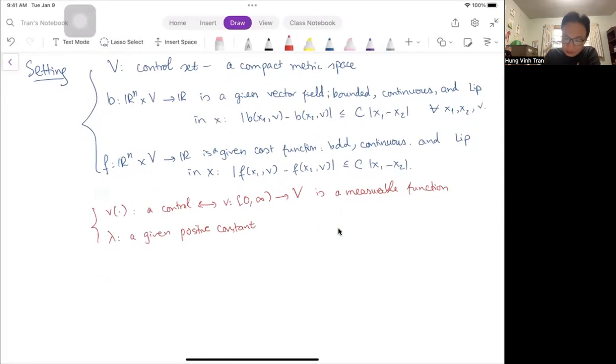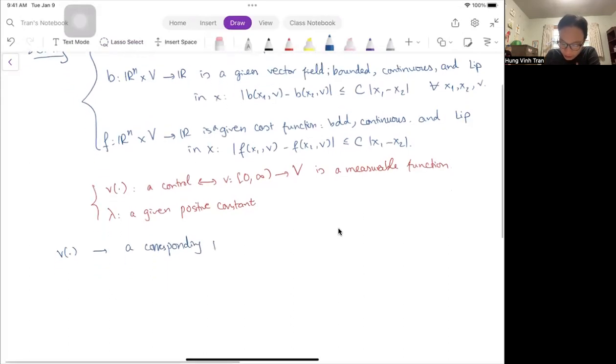And again, we have already described this, but I'm just recalling it, that corresponding to each control v, we have a corresponding path of an agent or a particle or a person following the ODE.